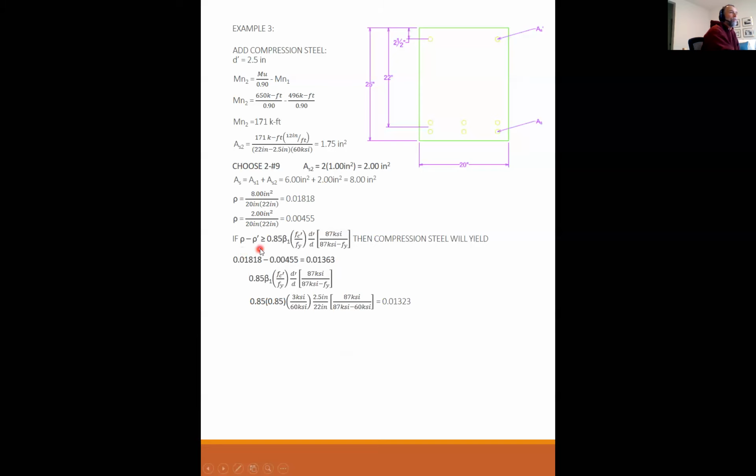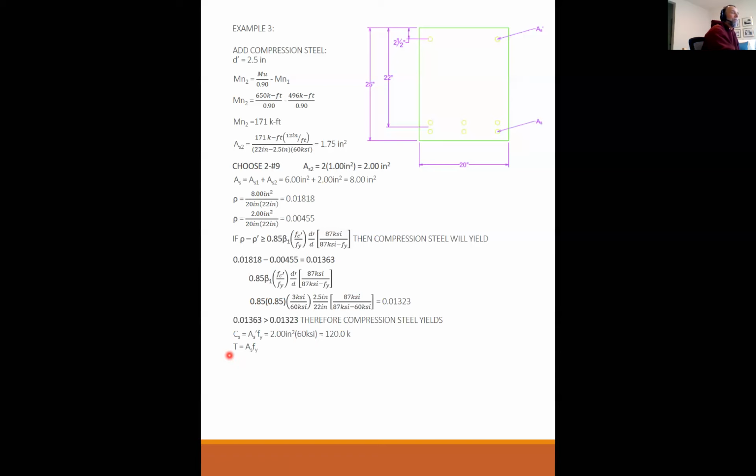So rho minus rho prime is larger than this test, and therefore my compression steel will yield. If the compression steel yields, then I can just plug in fy. I don't need to solve for the stress in the compression steel. So the force in my compression steel is 2 square inches times 60 ksi, 120 kips.